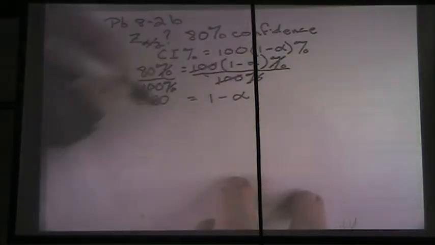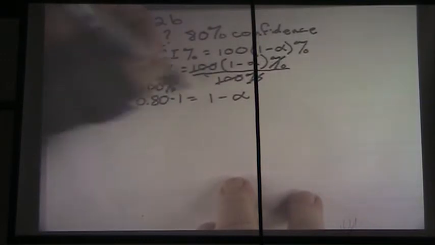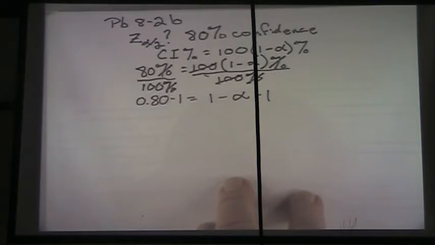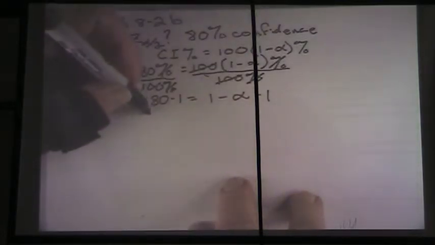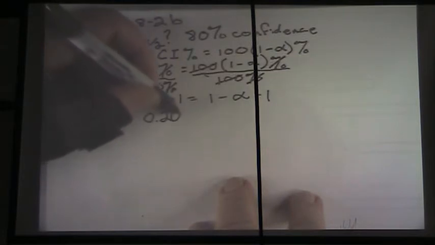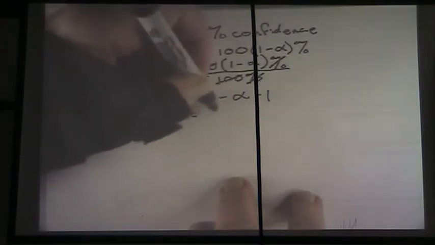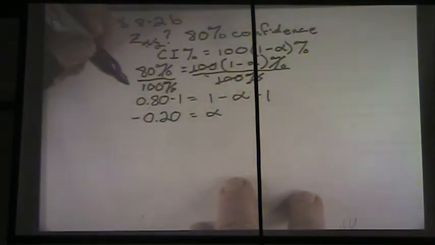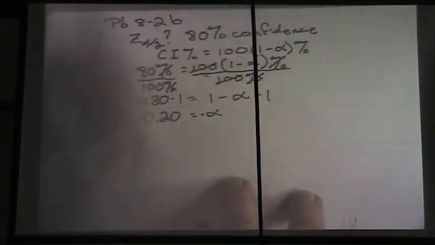Once again, I'm just going to subtract 1 from both sides. That makes this negative 0.20 equals negative alpha.